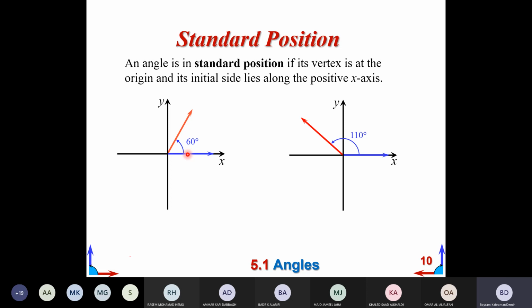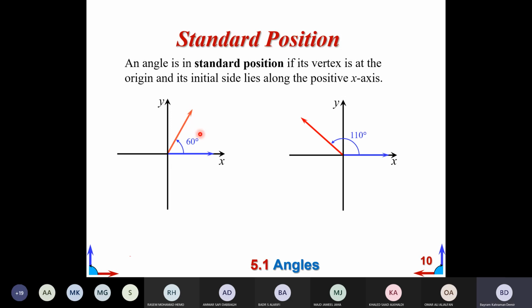If you go in the positive direction, you go counterclockwise. Negative direction, you go clockwise. But the initial side is always on the positive x-axis. The vertex is the origin, of course.